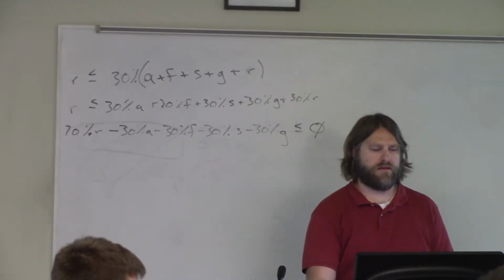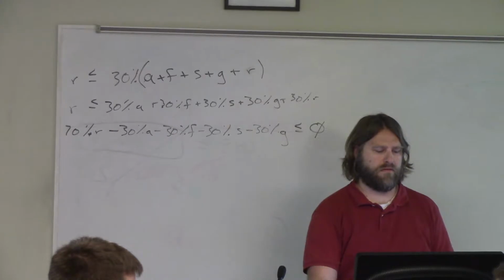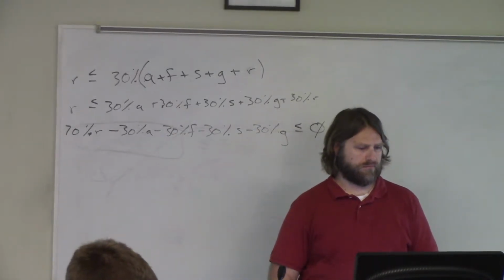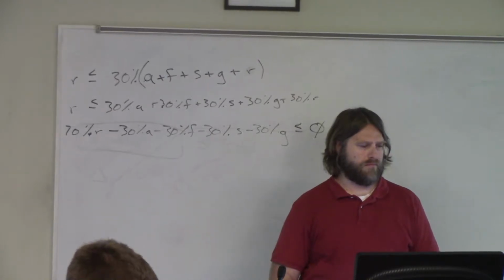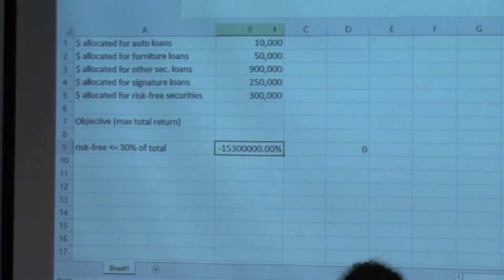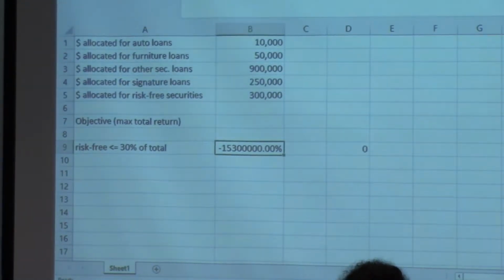Let's see what that is. Like 0.7 times B5 and 0.3 times... Well, it's because it thinks it's a percentage.